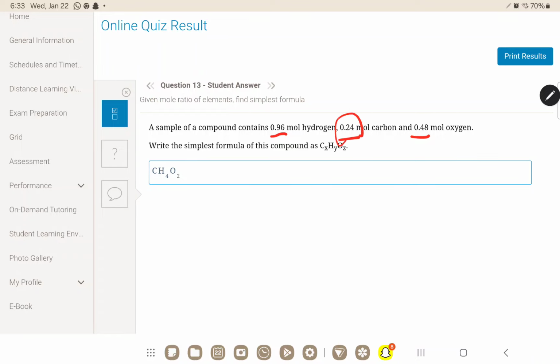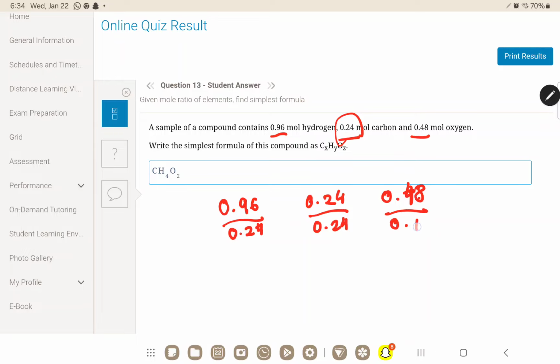In this case, it's 0.24. So then you do 0.96 over 0.24. Then you do 0.24 over 0.24. Then you do 0.48 over 0.24. All of them over the smallest number of moles.